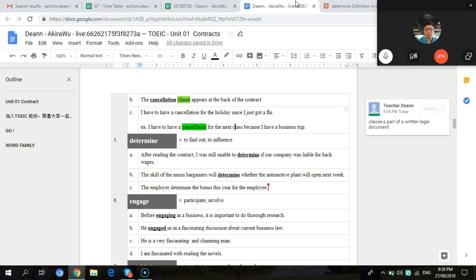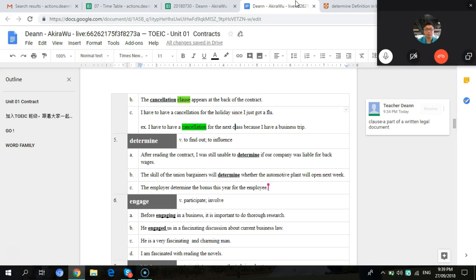Okay, so this time can you read the following sentences that we have there? After reading the contract, I was still unable to determine if our company was liable for bad work.